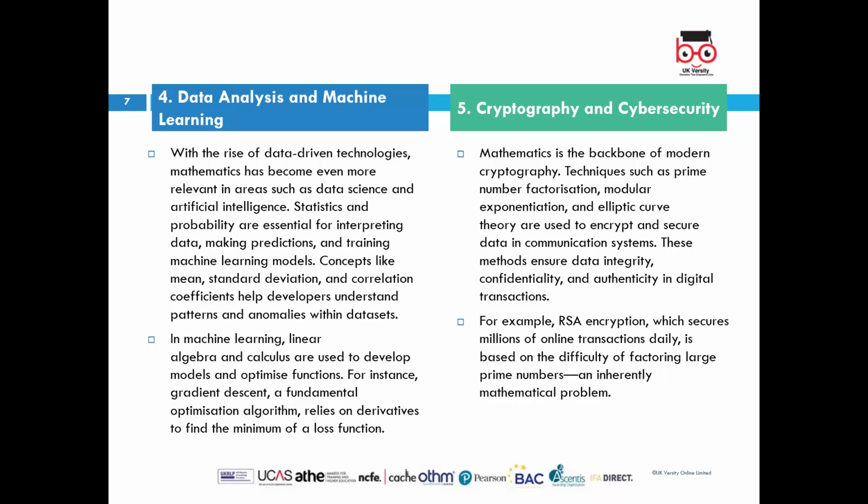These methods ensure data integrity, confidentiality, and authenticity in data transactions. For example, RSA encryption, which secures millions of online transactions daily, is based on the difficulty of factorizing large prime numbers, an inherently mathematical problem.